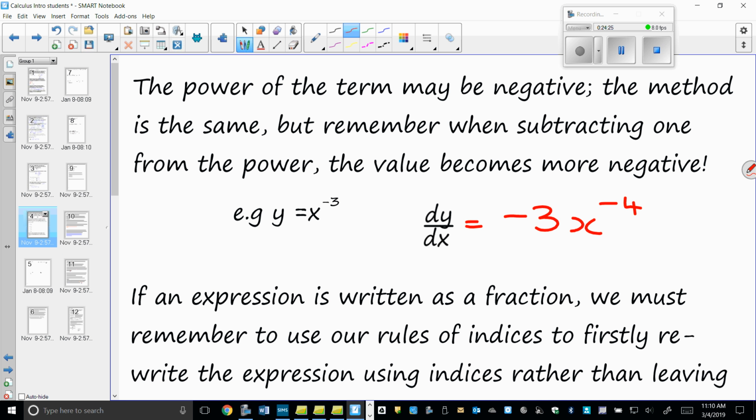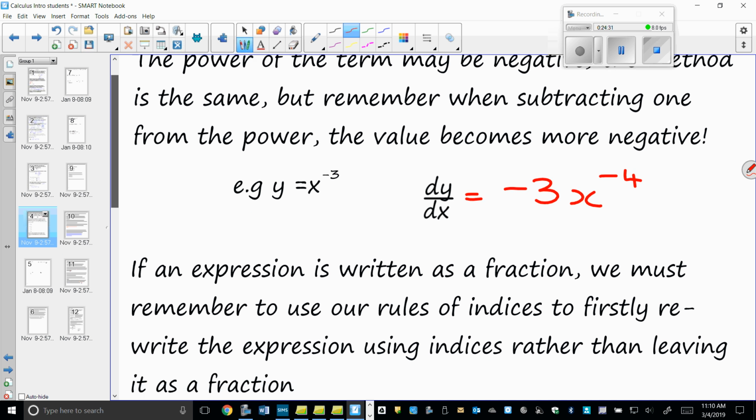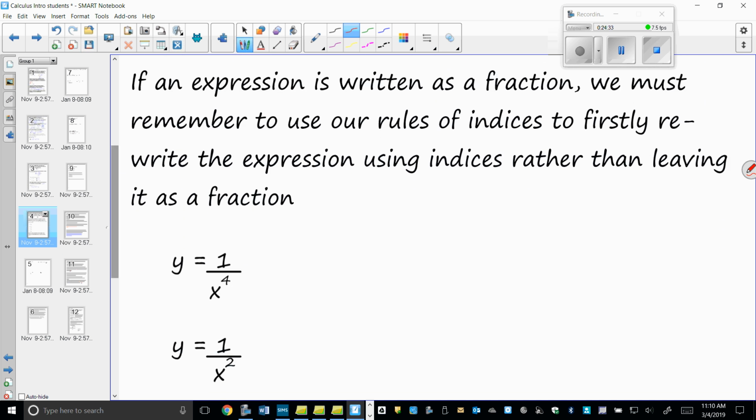Unfortunately, they don't normally write it like this. They are more likely to write your question like this. This is where they're bringing together your knowledge of index laws. If we have something written as 1 over x to the power 4, as a fraction, you need to write it as a power.